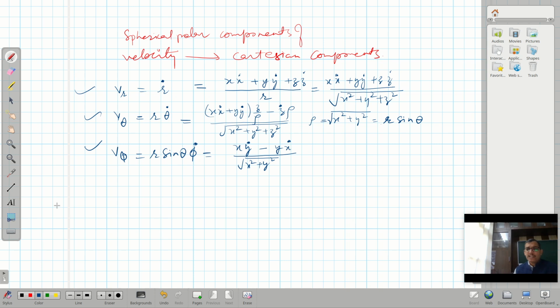So let us start with the Cartesian coordinates and their relationship with the spherical polar coordinates.